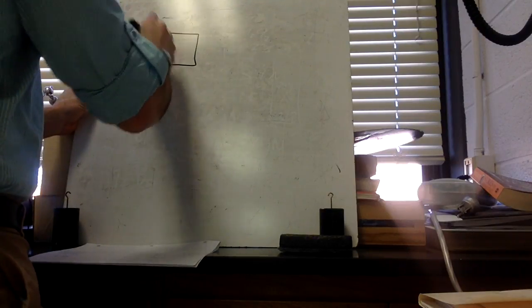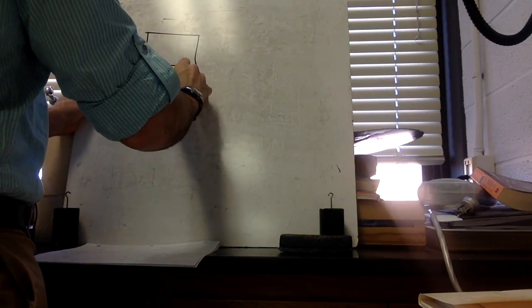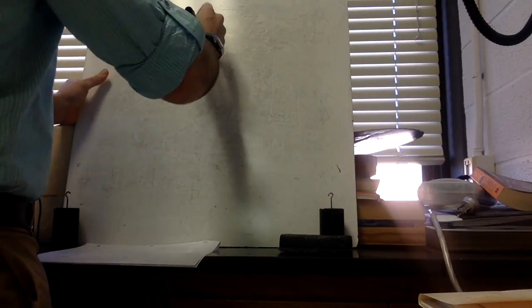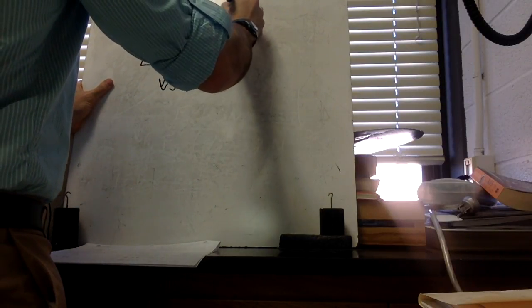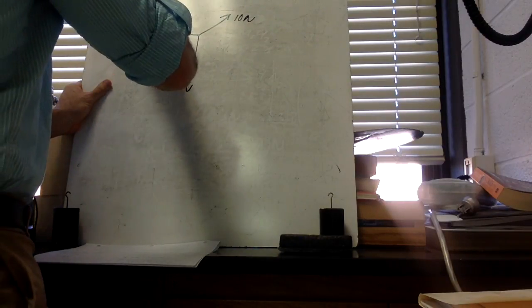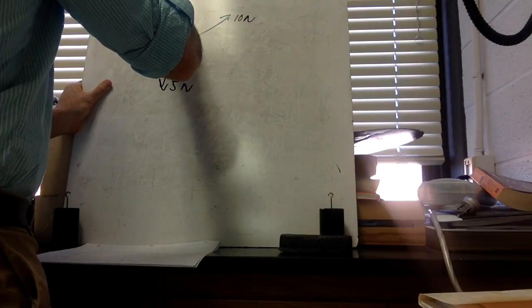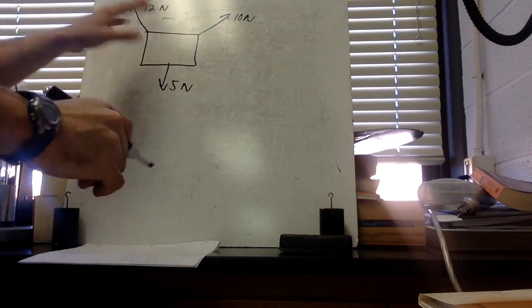This is the free body diagram. It's a 5 Newton body, and there is a 10 Newton force this way, and then there is a 12 Newton force going this way.